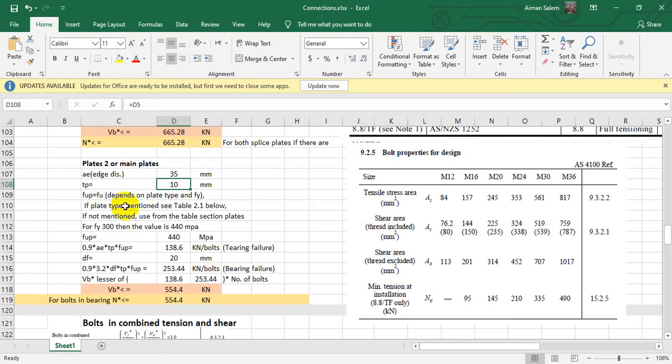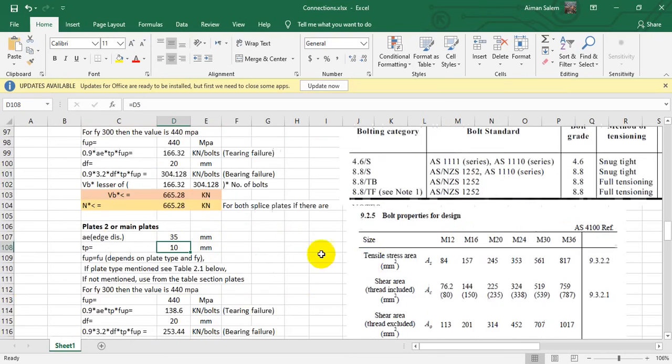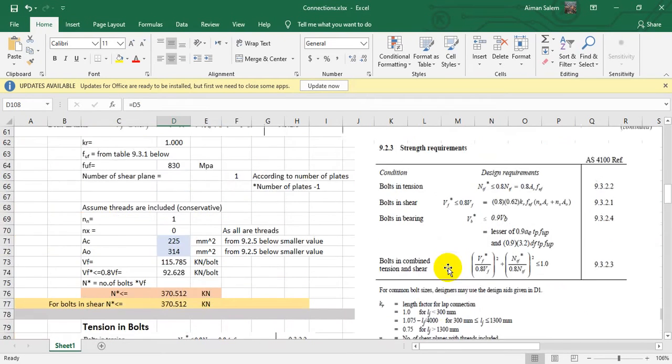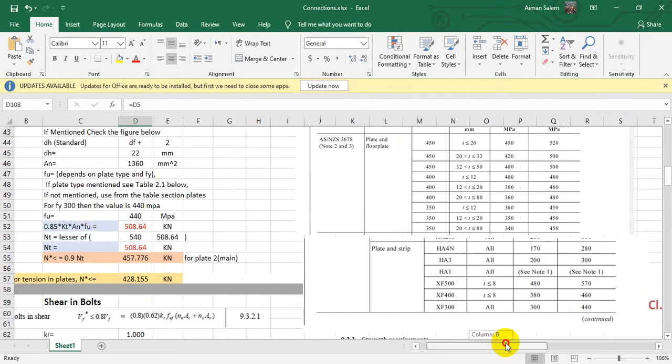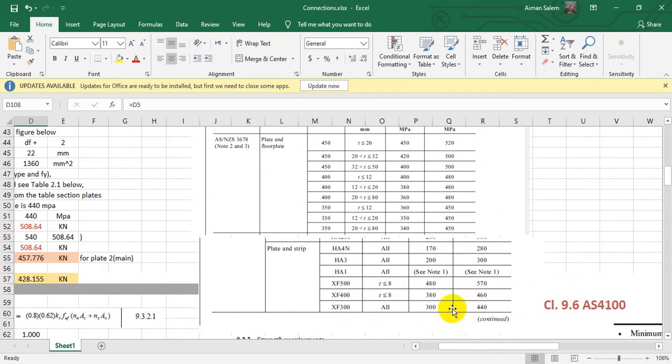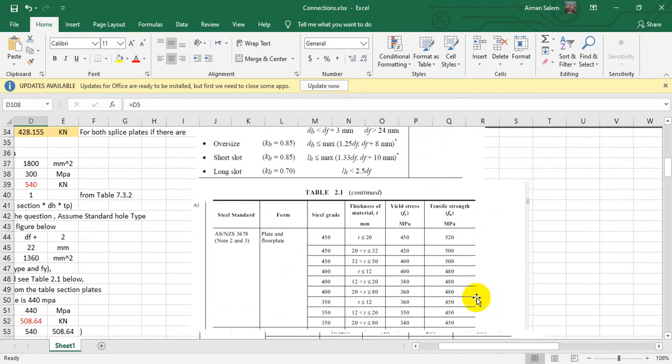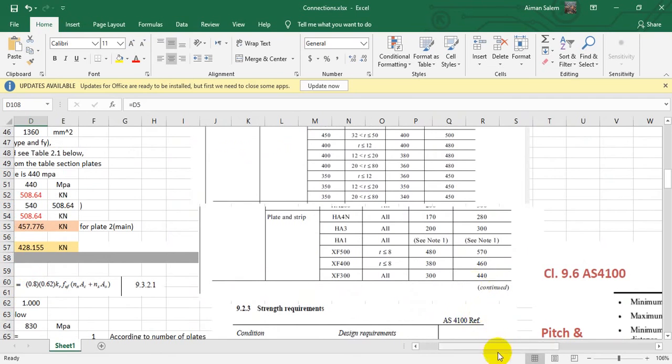FUB is equal to F ultimate, which depends on the grade. In the question, we already said our grade is 300. So you can go here, we have a table, and see: this is for the plate, 300, which means F ultimate is equal to 440.